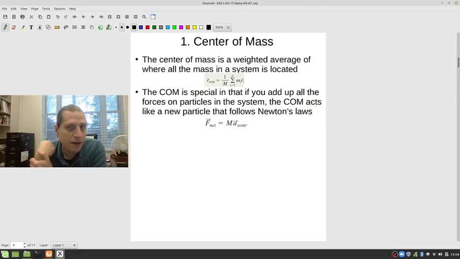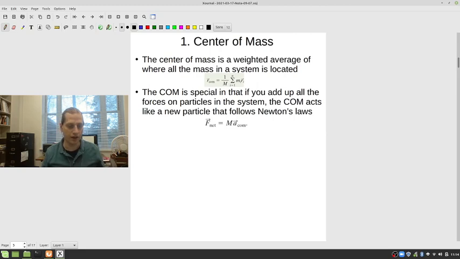The center of mass is special in that you add up all the forces on particles in the system. It acts like a new particle that follows F equals ma, where m now is the total mass of the system, and F net is the sum of all of the forces on all of the particles. As we'll talk about later in this video, the only way you can get a net force on a particle is for that force to be applied by something that we consider to be outside of the system. If we consider only the forces that are generated by particles within a system, that net force is going to be zero.